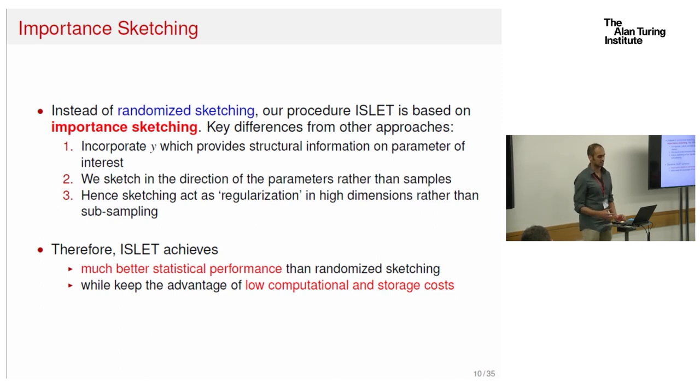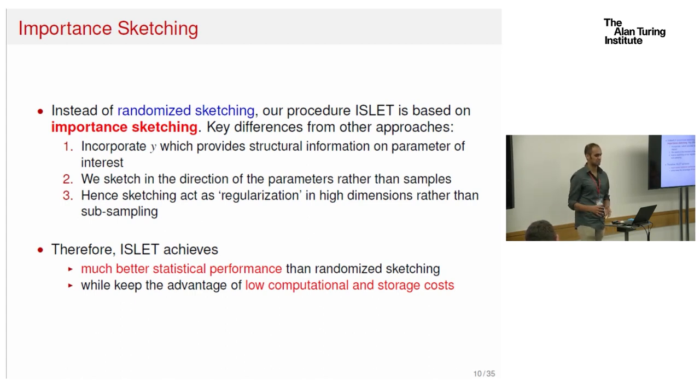So in summary, and this will hopefully become clearer when I go through the procedure, there are some key differences from classical randomized sketching approaches. We incorporate information about the response, which provides structural information on the parameter of interest, and that's why we're hopefully going to do better. And rather than sketching along the samples, we're going to sketch along the parameters. The concept of regularization has been talked about a lot.